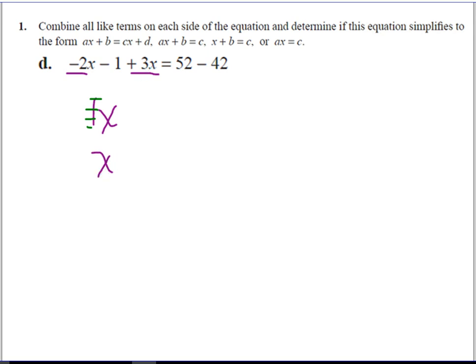And then we have -1 with nothing to change it. So x subtract 1 or x minus 1 equals. And then on the right-hand side, all we have is a subtraction that we can do of two constants. 52 minus 42 is 10.